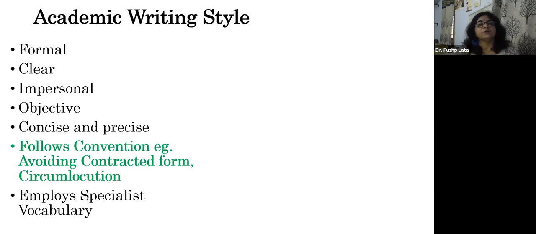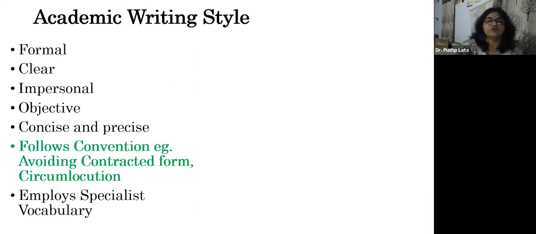Those are the words which are used in ELT. In literature, you will use pantheism or inner stream of consciousness, willing suspension of disbelief. Those are the words which are used in literature, but not in ELT. Similarly, it happens in the medical, legal, and engineering professions. So we need to see what domain we are writing for. Accordingly, we need to employ our technical words.